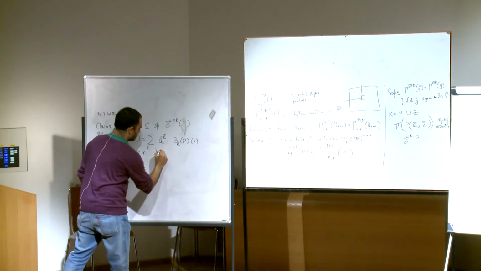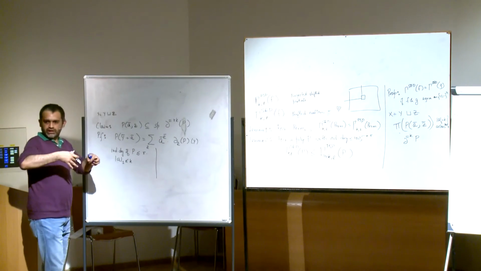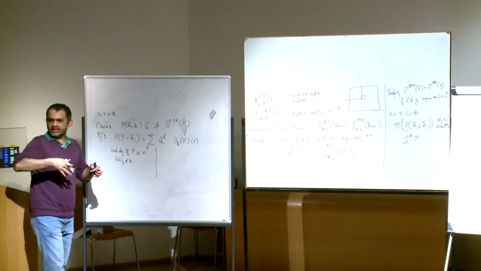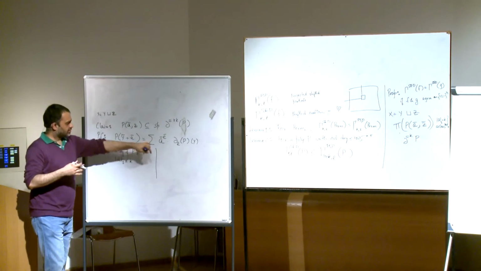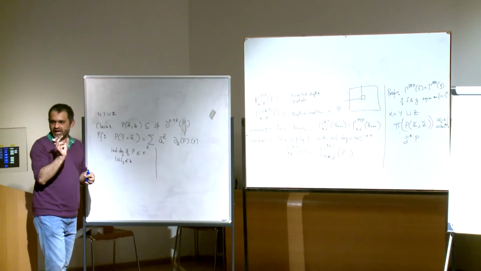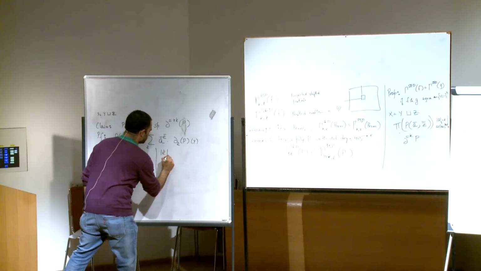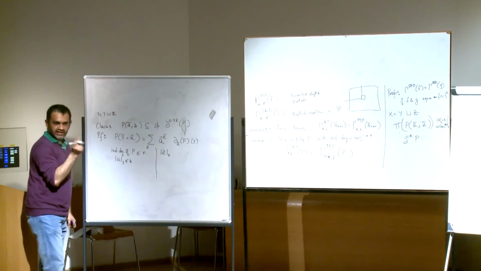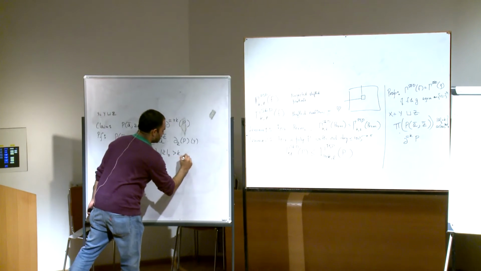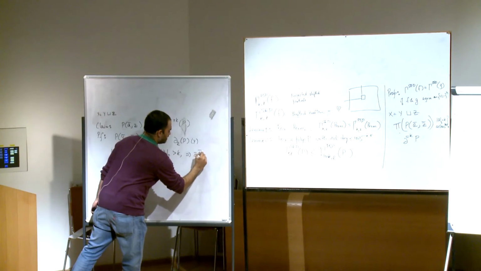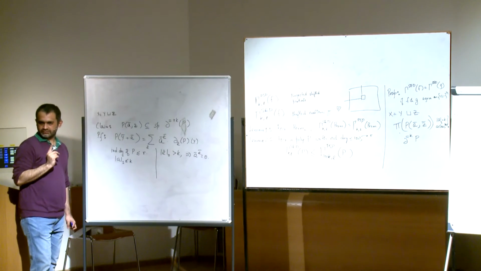I can conclude that if I'm taking a monomial on the A's that involves more than k distinct guys, then this a power e is going to evaluate to 0. What I mean by that is if I look at the exponent vector and look at the number of distinct a's that it involves, if this was greater than k, it implies a power e is 0.